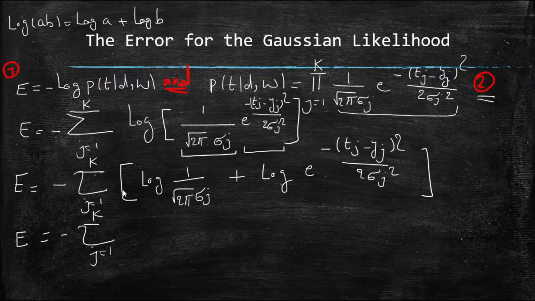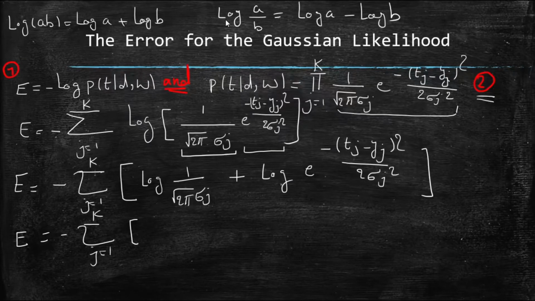What does it really mean? It means that I can simplify it very interestingly, actually. So remember that the log of, say, a divided by b equals log of a minus the log of b, right? So again, we have a division.